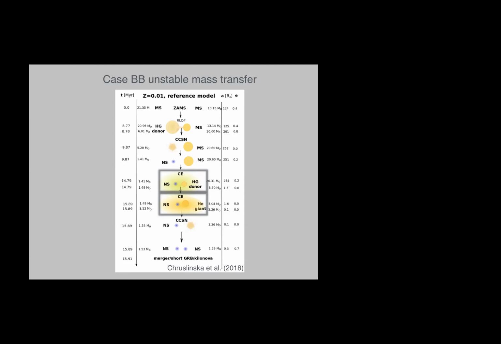Whether this process exists in nature is debated. There is no consensus, and the ultra-faint dwarfs, if you want to enrich them with binary neutron stars, need something like this. They need what is called the fast merging channel.